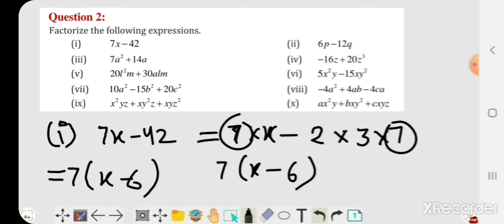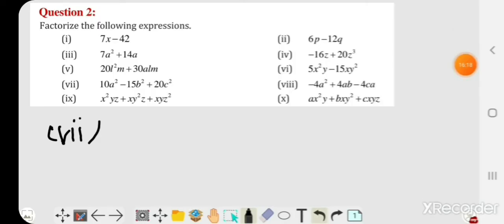Now the next part. Part 7 is this: 10a square minus 15b square plus 20c square. Here you can see these are multiples of 5. 5 2s are 10, 5 3s are 15, 5 4s are 20. And in the algebraic terms nothing is common, because here is a square, here is b square, then c square.